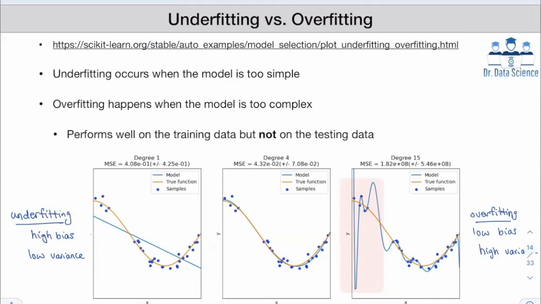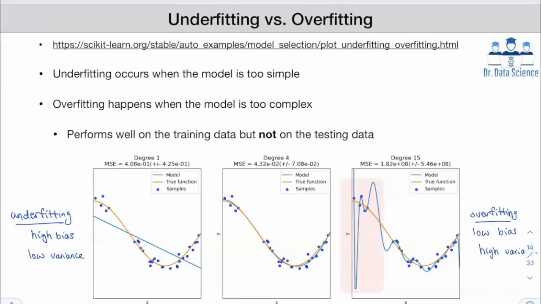But what is variance? Variance refers to the changes or variations in the model when using different portions of the training data set. To put it in simple terms, variance is the variability in the model prediction. It means how much the machine learning function can adjust depending on the given data set. If you look at degree 1 on the left side, we can see that this model has low variance.